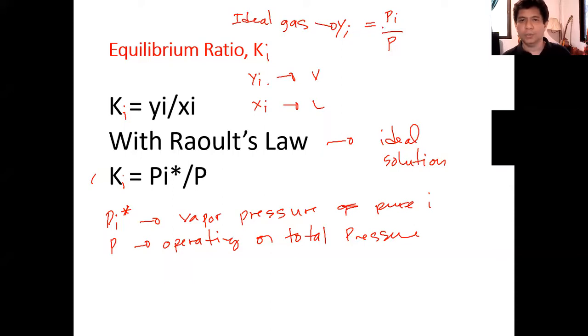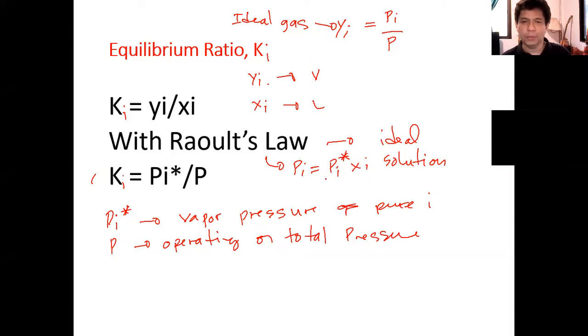Basically, what we're going to do is substitute this equation for y sub i into the equilibrium ratio definition, and then we're supposed to derive this. Next is Raoult's law. So, what does Raoult's law say? Raoult's law says P sub i is equal to P sub i star times x sub i, right? Do you still remember this from your PChem?